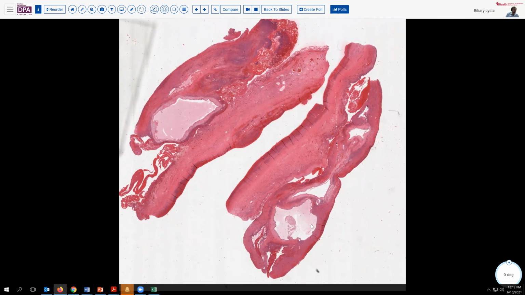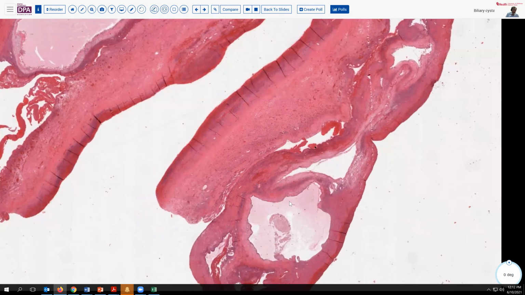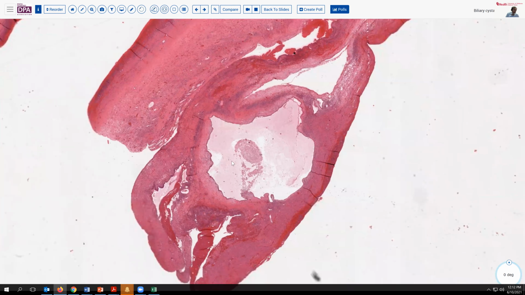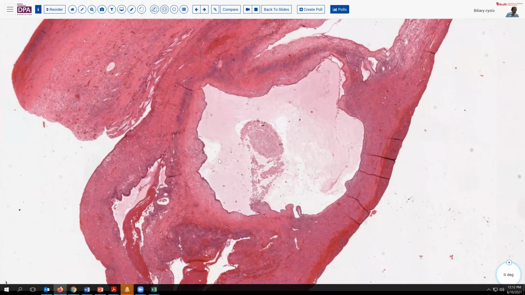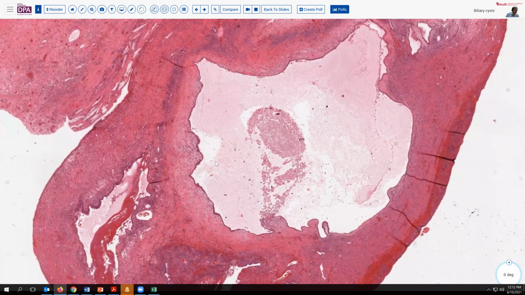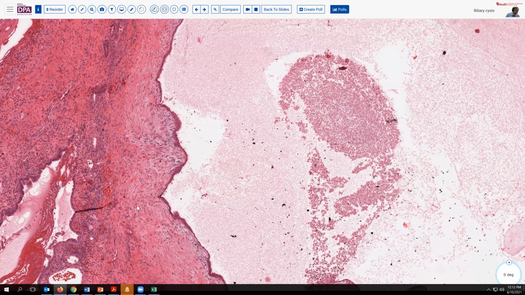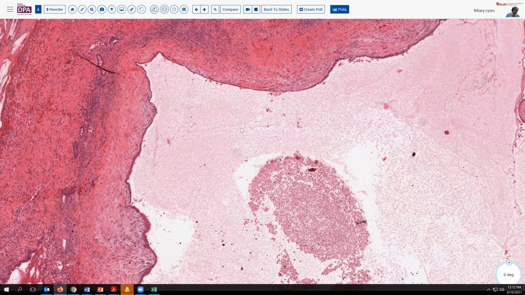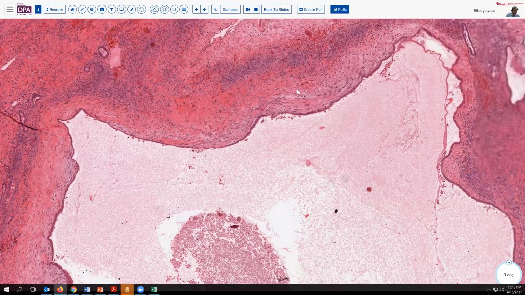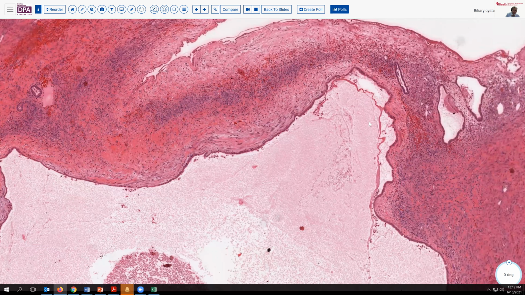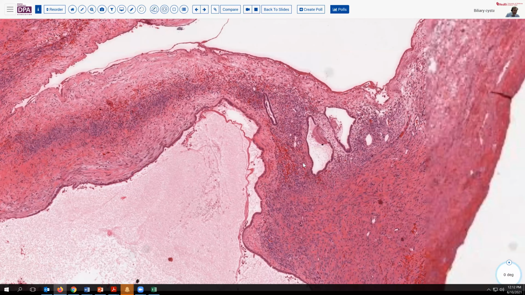So here's an example of probably the simplest of intrahepatic cystic lesions, maybe a biliary cystadenoma. This is not very mucinous here, although it does have mucinous lining, and this even has a little bit of stroma.